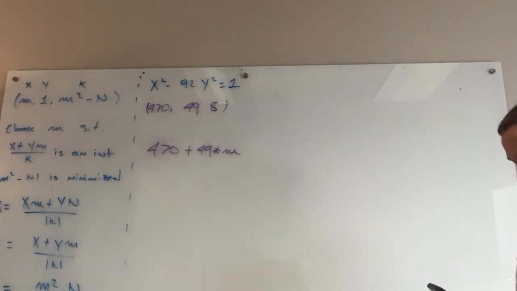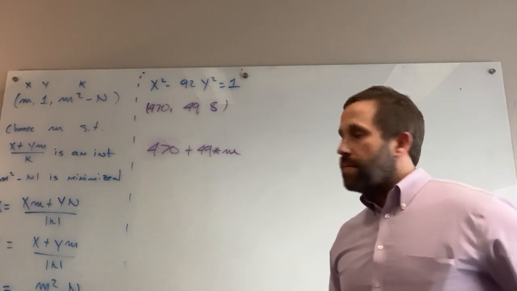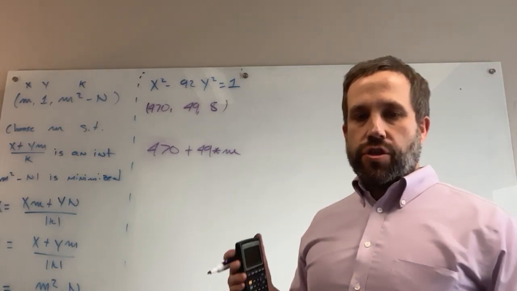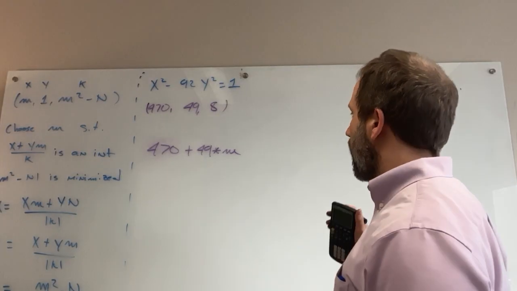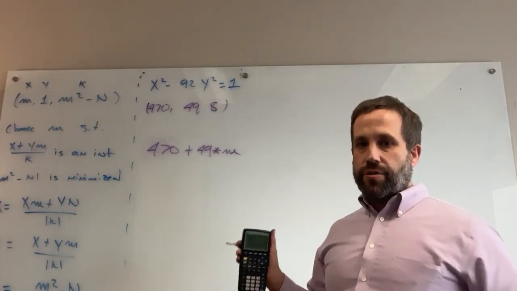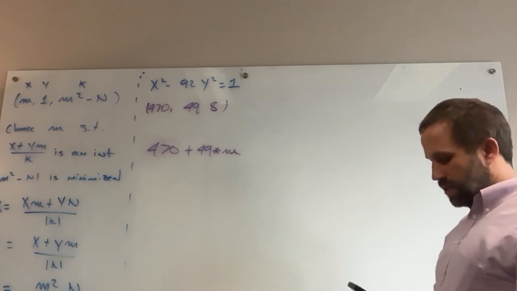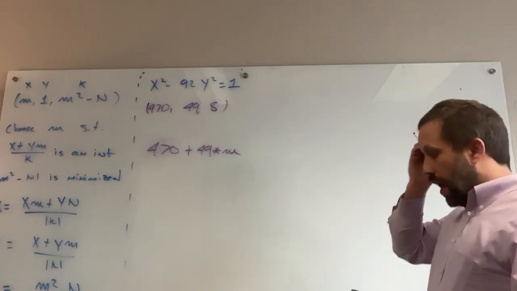And again, I want to choose m so that m squared is close to 92.